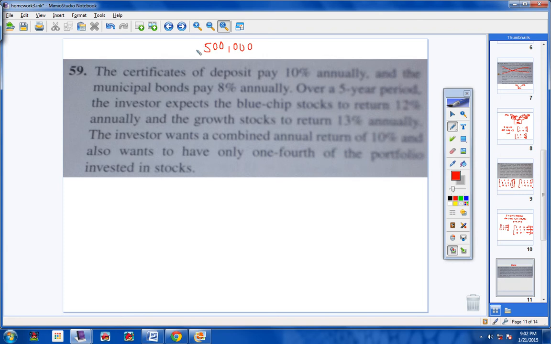Now, we're looking for how much is invested in each type. Well, let's see how many we have. We have certificates of deposit, municipal bonds, blue chip stocks, and growth stocks.